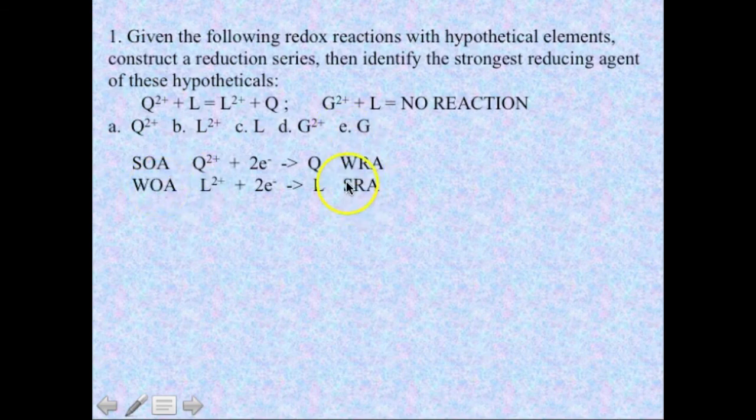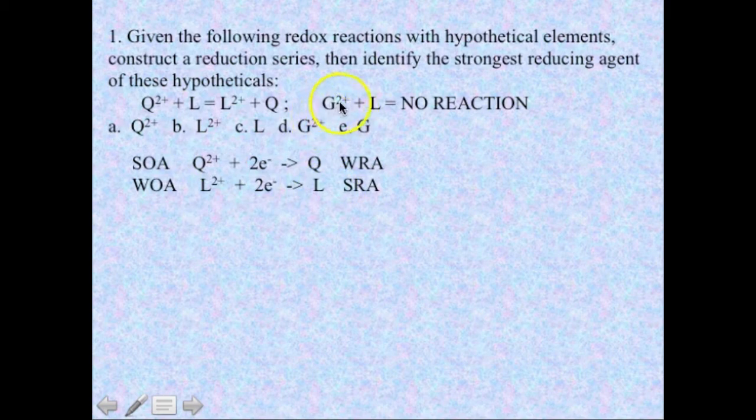Over on the right side, Q would be the weaker reducing agent, L the stronger reducing agent. Now remember that it's always spontaneous when the stronger oxidizing agent reacts with the stronger reducing agent, upper left, lower right. And that's exactly what we have here. Q2 plus, L.